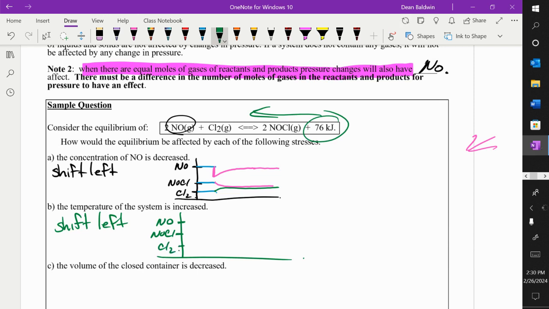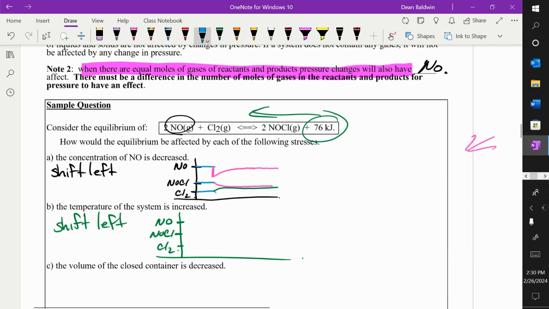What happens to NO? It's going to go up. But is there a spike? No, there is no spike. So they're all flatlined, and then NO increases. NOCl should decrease and Cl2 should increase, until they all flatline again and you reach equilibrium.